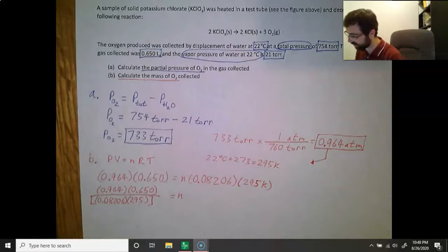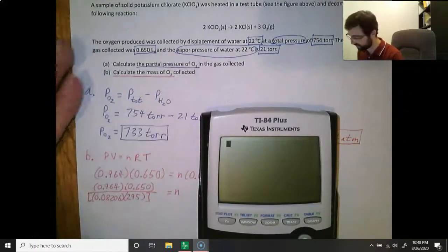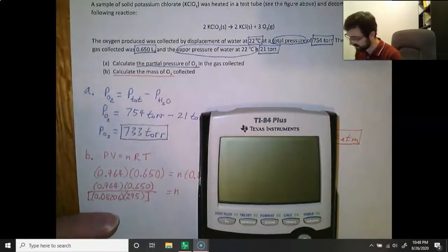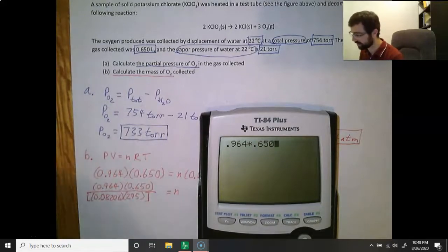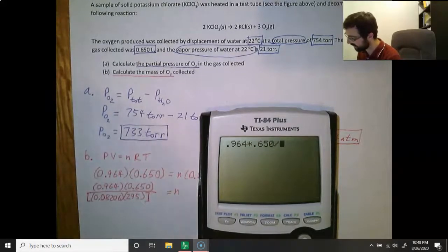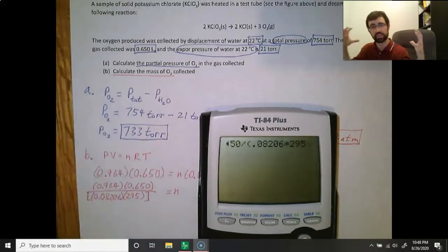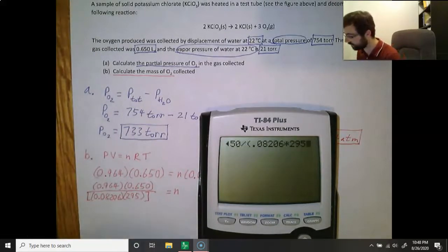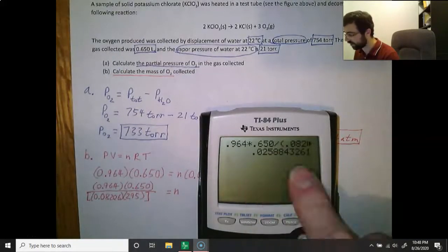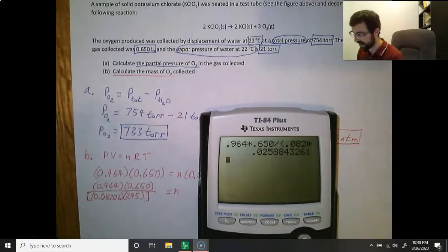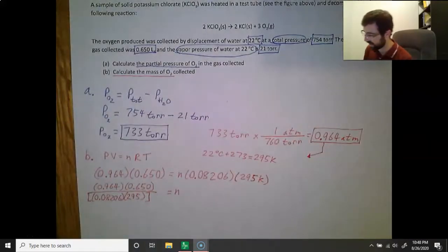This is one thing I do want to show you how I put it in, just because a lot of mistakes come from doing this wrong. 0.964 times 0.650. Don't have to worry so much about what's on top if we're just multiplying, but when you divide, start your parentheses, 0.08206 times 295. You've got to make sure you have parentheses around everything that's in the denominator. And I get 0.0259.